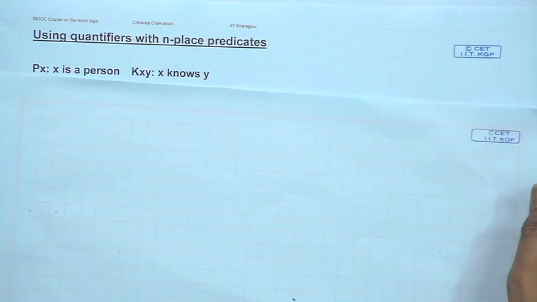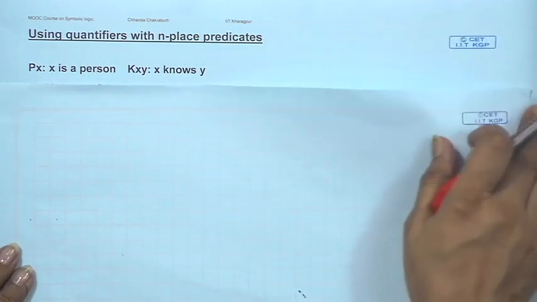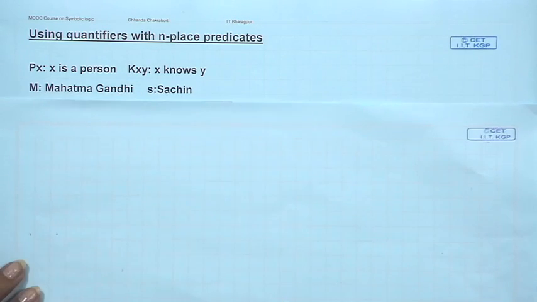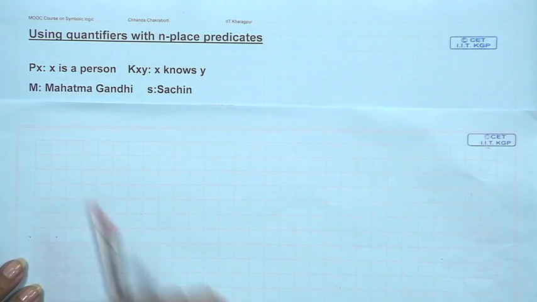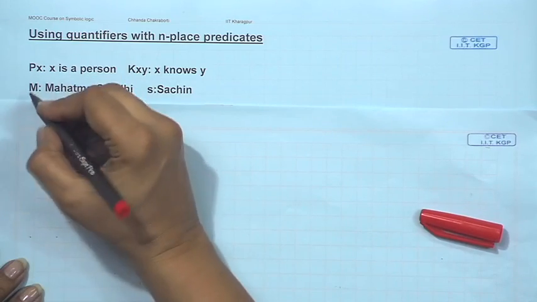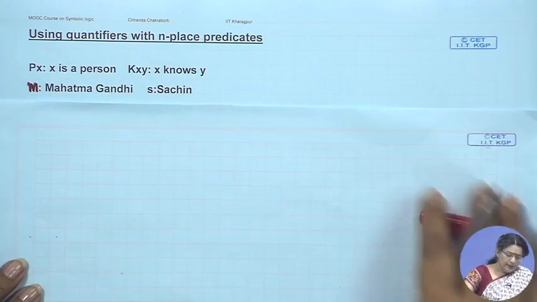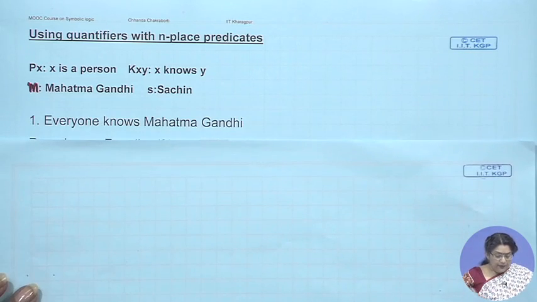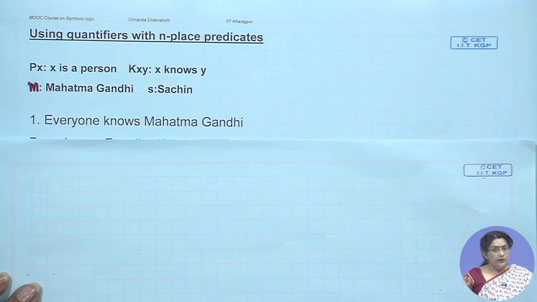These are, you saw some kind of predicates, but now let us say we have this kind of two place predicate where x is a person and kxy, x knows y, and you have Mahatma Gandhi. So, you have m, that is a small m, and small s for Sachin. Now, let us see, everyone knows Mahatma Gandhi, very good.